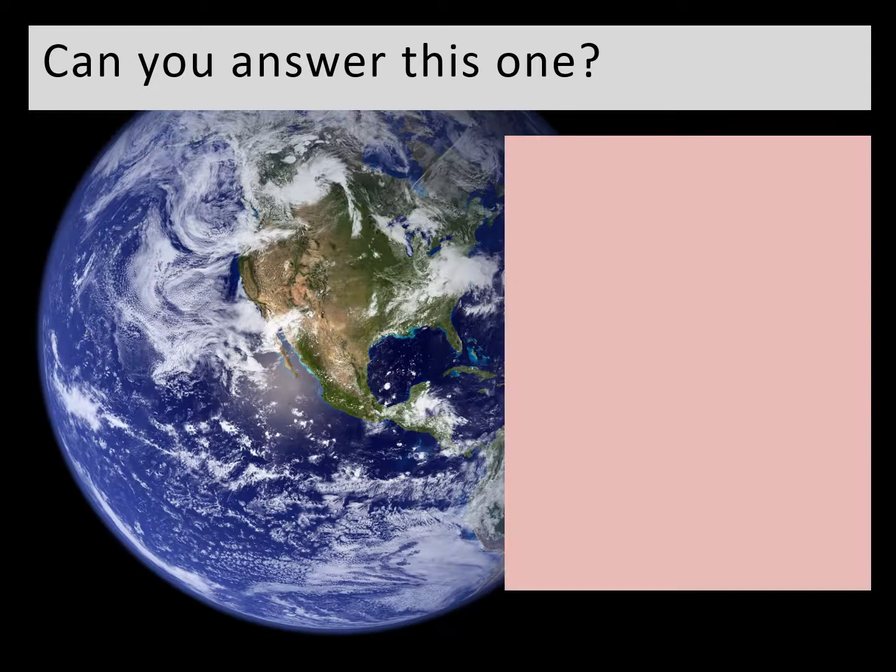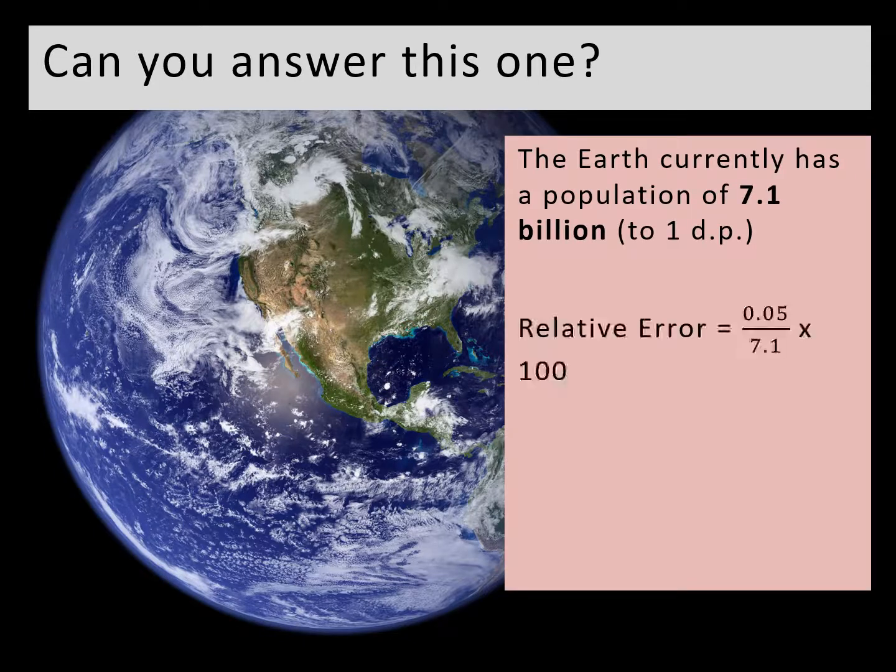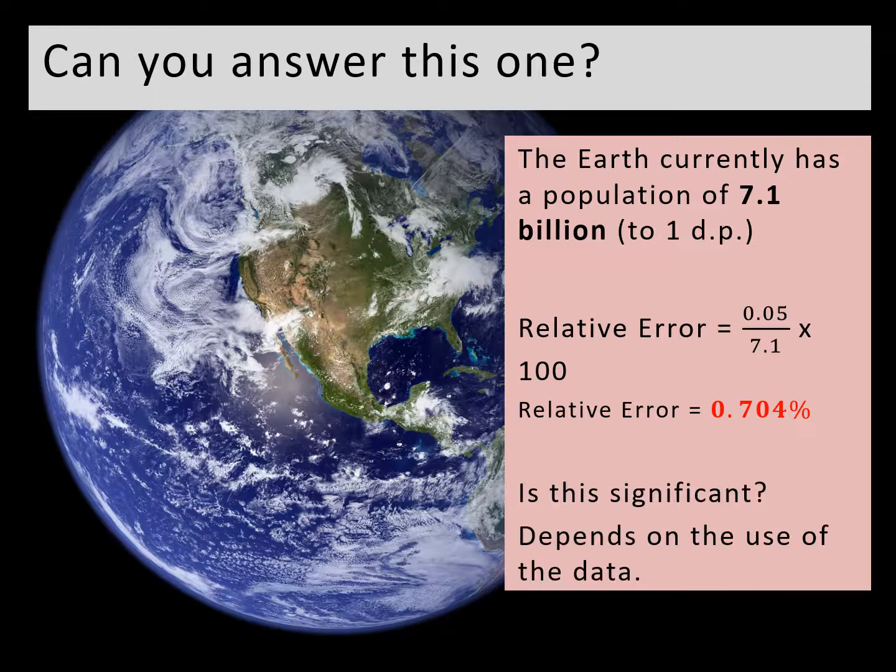If we go back to our original question of the Earth, where we had the population of the Earth be 7.1 billion, and we found that our absolute error was 0.05. Well, it seemed like 50 billion was a lot to start off with, but it turns out that that's a relative error of 0.704. Is that significant?